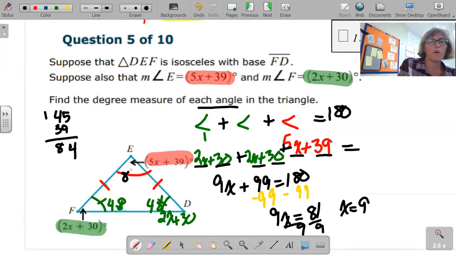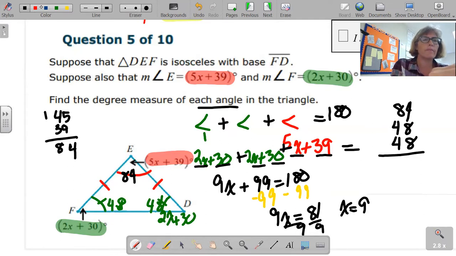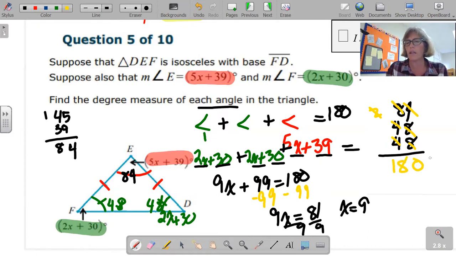Makes that 84. And if you really want to check this, you simply add 84, 48, 48. That's 12. That's 20. Carry the 2. That's 10. That's 18. 180. Check.